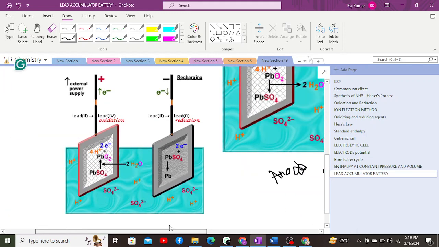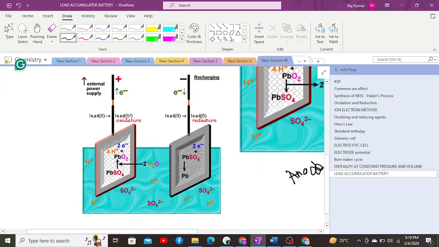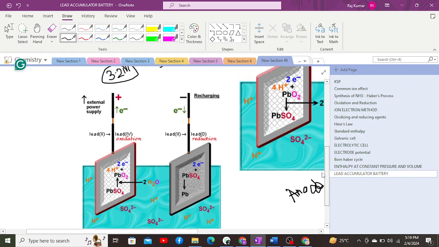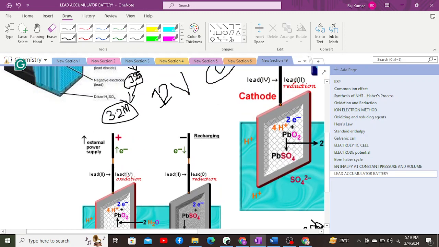But after the battery is discharged, the battery is of no use. So in order to recharge it, which is a characteristic that it can be recharged as well, we utilize an external electrical energy source which gives the power supply, such that the cathode is connected with the positive terminal and the anode is connected with the negative terminal.